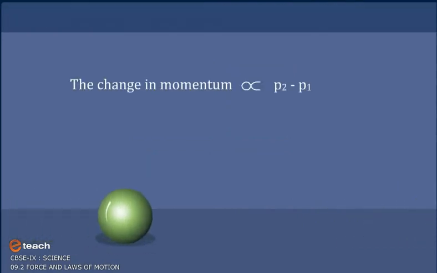The change in momentum is directly proportional to p2 minus p1, which is proportional to mv minus mu, which is proportional to m multiplied by (v minus u).